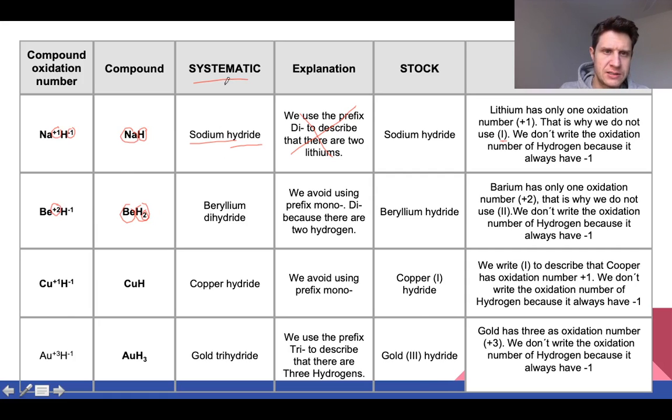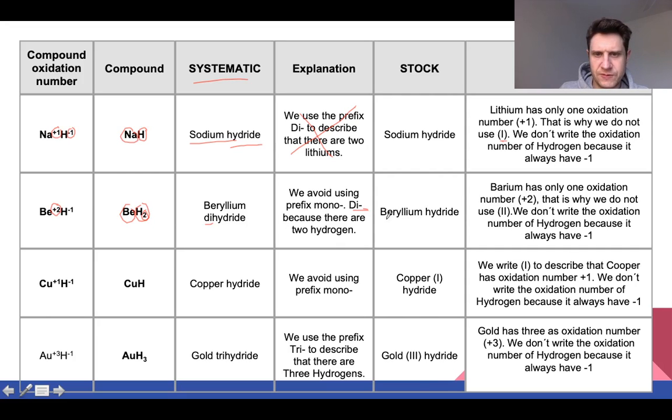How do we call it in systematic notation? Beryllium dihydride. Okay, check this out. Dihydride. We avoid the prefix mono, but use di, because there are 2 hydrogens. Good. More examples of this.